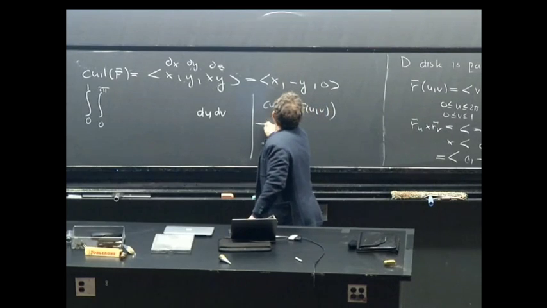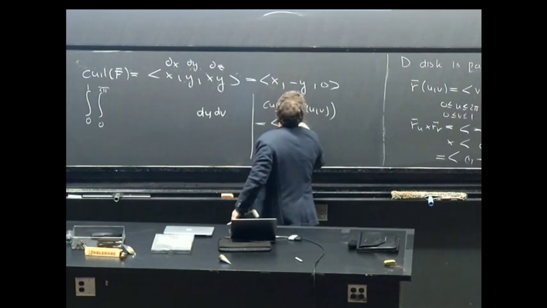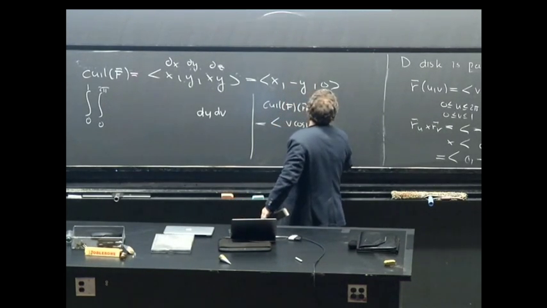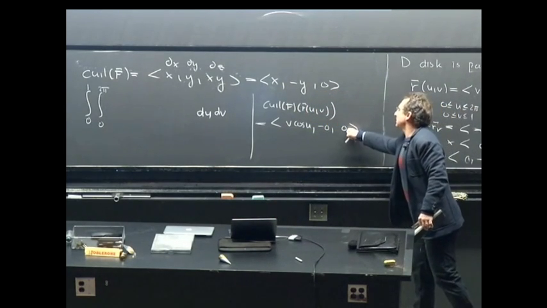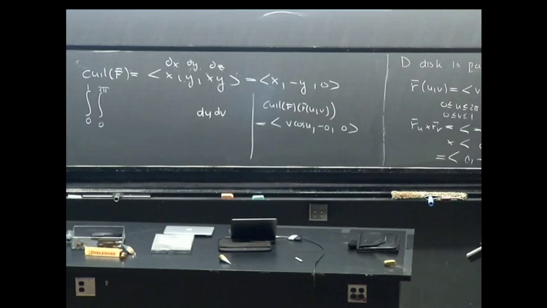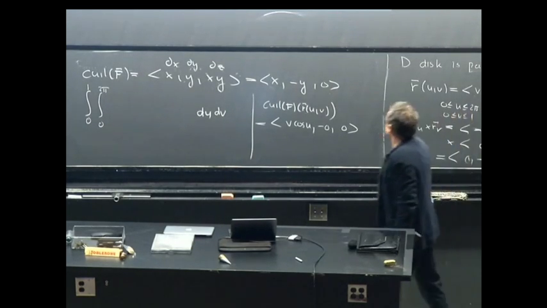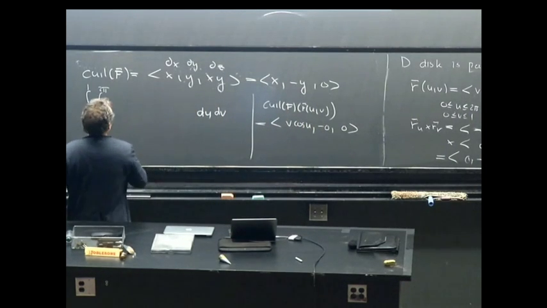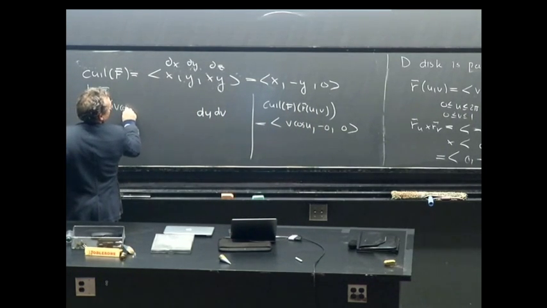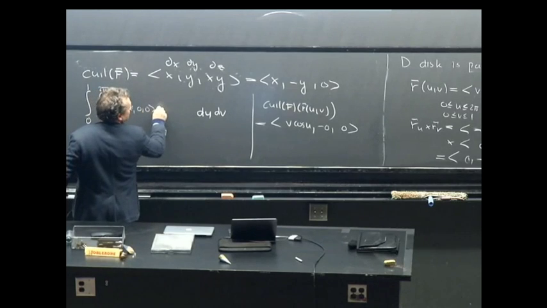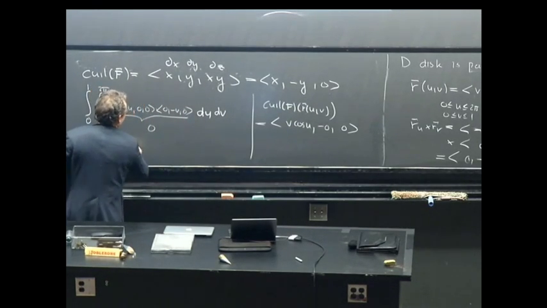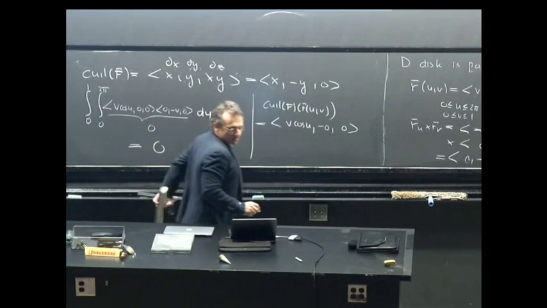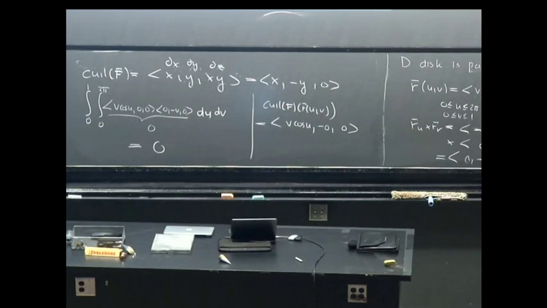And then the curl of F, we take x, which is v cosine u, minus 0, 0. So we take the curl evaluated on the surface, and this is the Ru cross Rv. So we take the dot product, and we see that this is nicely 0 here. (v cos u, 0, 0) times (0, -v, 0) is equal to 0. So today a lot of things are 0. So the answer is 0.